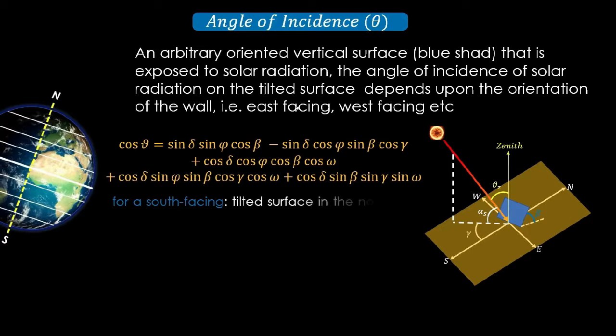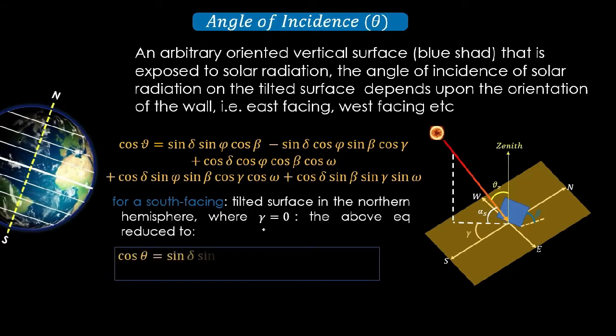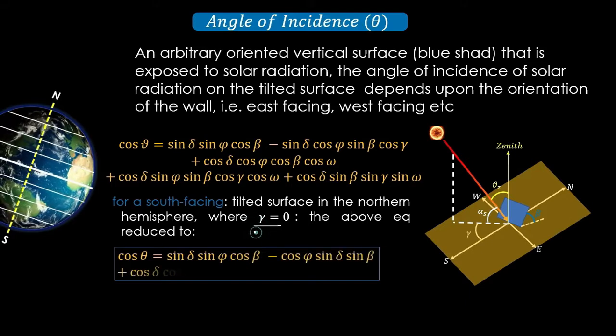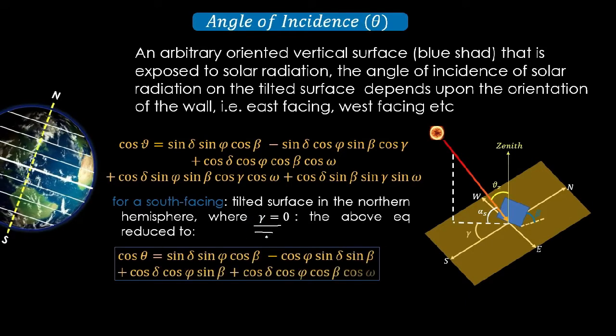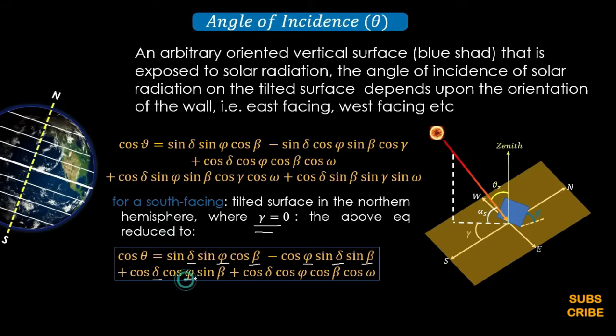Further, for surfaces facing south in the northern hemisphere where azimuth angle gamma is equal to 0, the expression is reduced to cos theta is equal to sin del sin phi cos beta minus cos phi sin del sin beta plus cos del cos phi sin beta plus cos del cos phi cos beta cos omega.